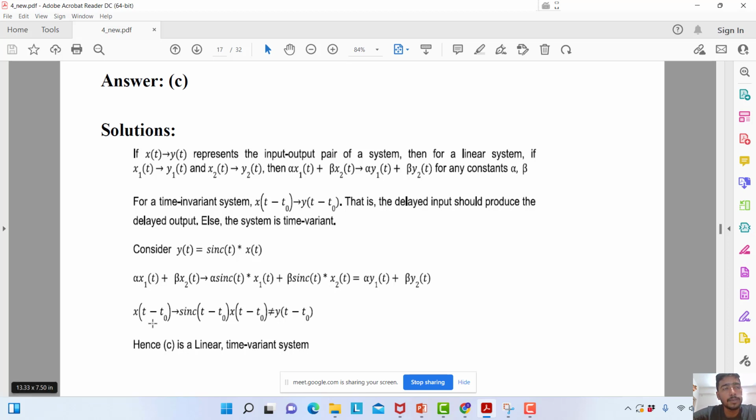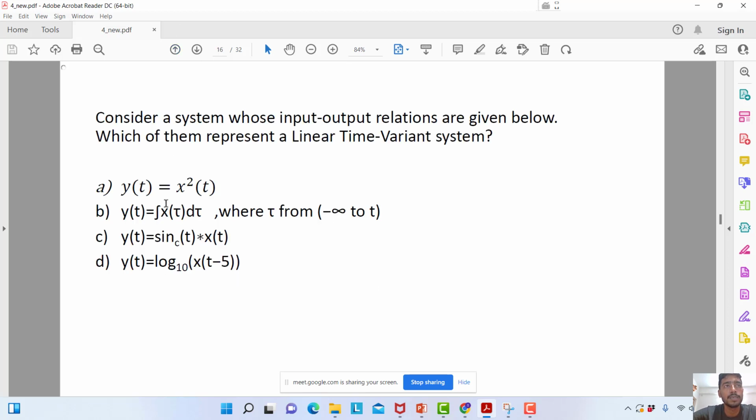For time variance, we shift the input function by t0. The x(t) and the sin(t) function are shifted by t0. It becomes sin(t minus t0) x(t minus t0), while the output does not come equal to the shifted input, so it is time variant. So option C is the right answer. You can apply both these conditions to all options and check the linearity and time variance.